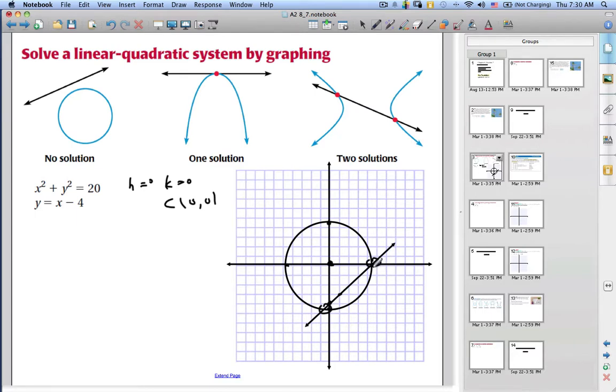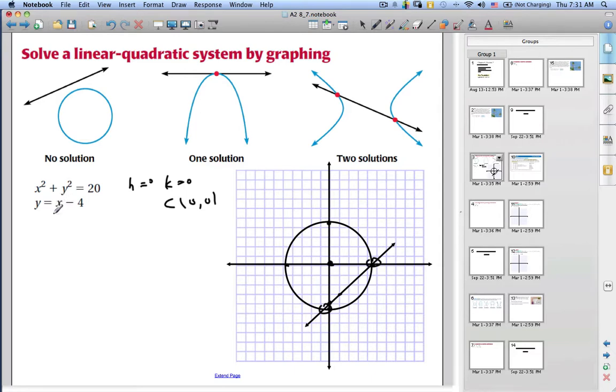So what's complicated about solving by graphing is the same thing that was complicated about it when we were solving linear systems. Sometimes it's difficult to tell what the actual point is, and then you have to test. Okay, so if we worked with something like this, and this will lead into how do I solve it using an equation, I would substitute.